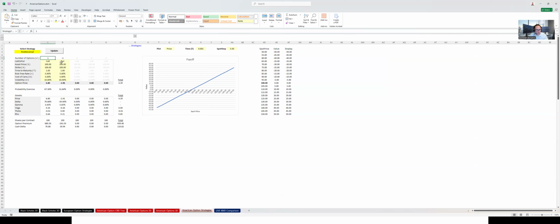Then if I reverse that position, short a call and long the put, you can see I'm replicating a short stock position. So the risk reversal's natural position is being long, but you can go short to take a short stock position. It's a nice tool for replicating those trading strategies. I'll put it back to what it was before. I think it was a butterfly.